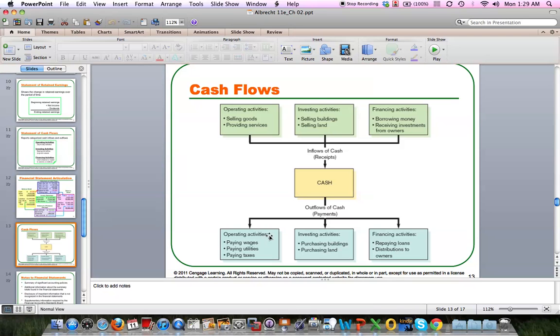If I take out a loan, that would be a financing cash inflow, but if I repay a loan, that's a financing cash outflow. If I sell stock, that's financing cash inflow. If I pay a dividend on that stock, that's a financing cash outflow.